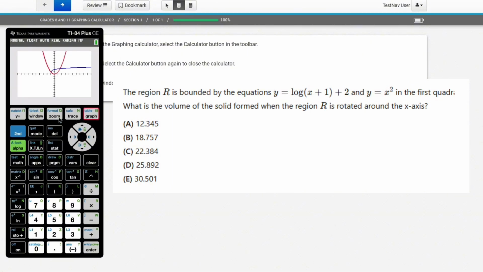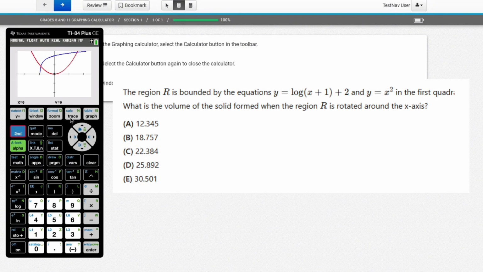Now this is good news. Let's zoom in. This is good news because these guys intersect over here, which means my left limit is going to be 0, based on the fact that my first point of intersection is over here in a different quadrant. So I'm going to use 0 as my lower limit. And so all I have to do is find out my upper limit.